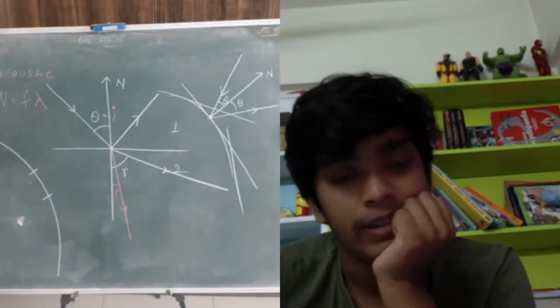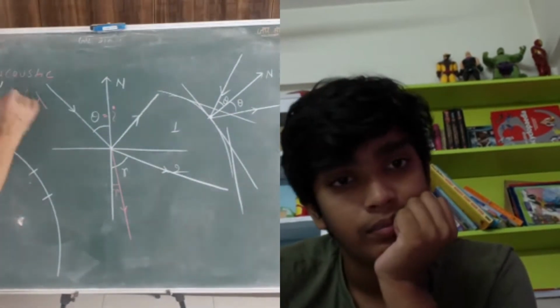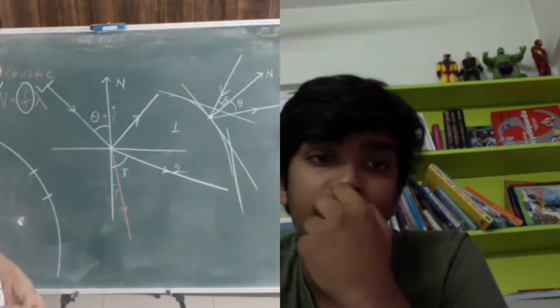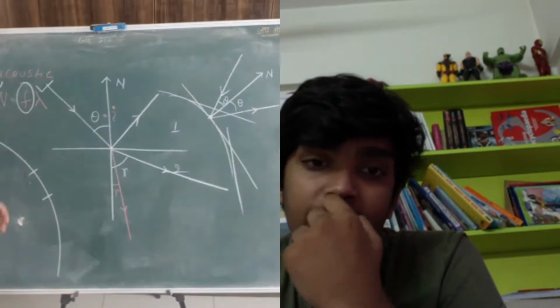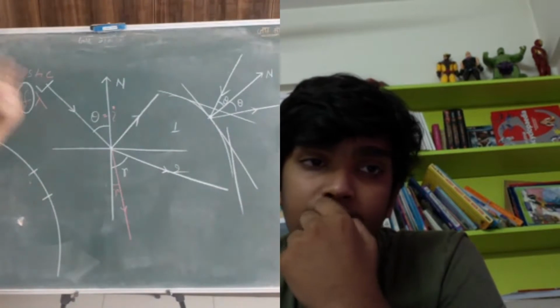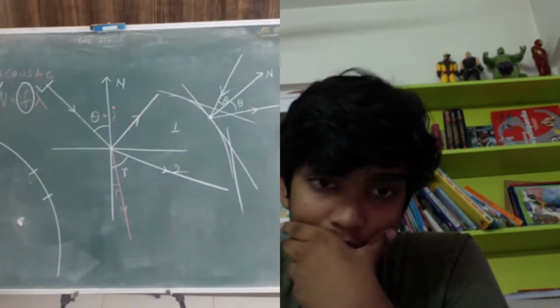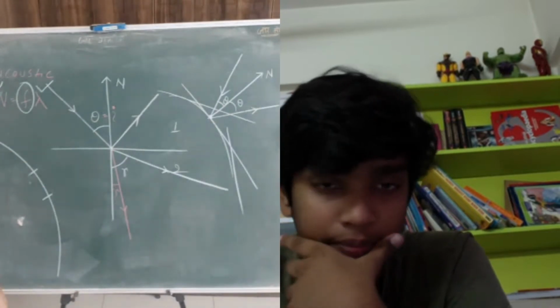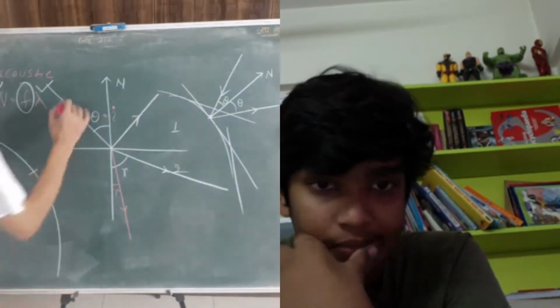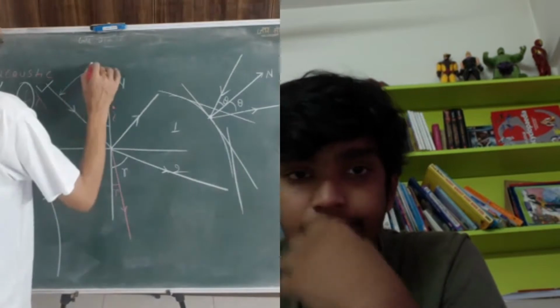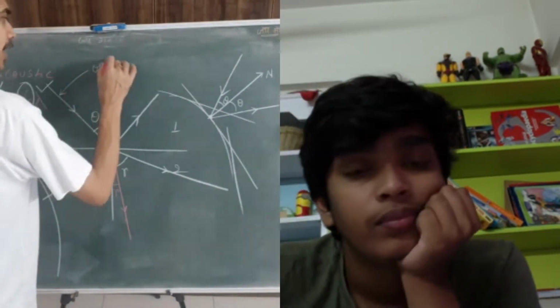Speed will change, lambda will change, frequency remains unchanged. So as it moves from denser to rarer, it deviates away from the normal. And this is the case for which wave? This is the case for the light wave or optics, correct?